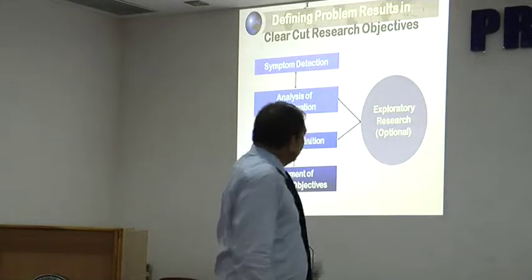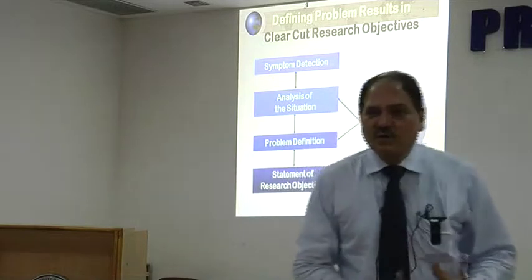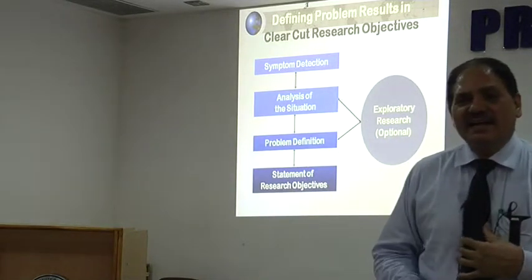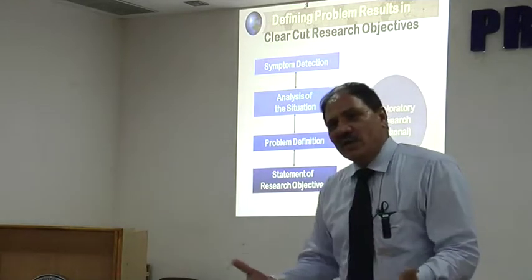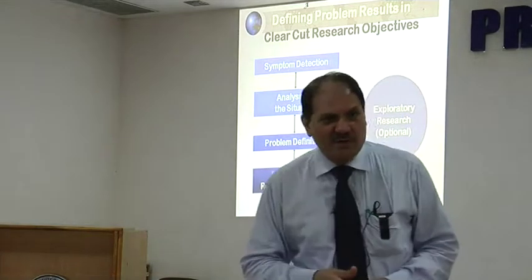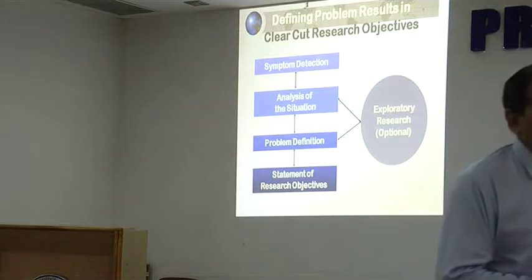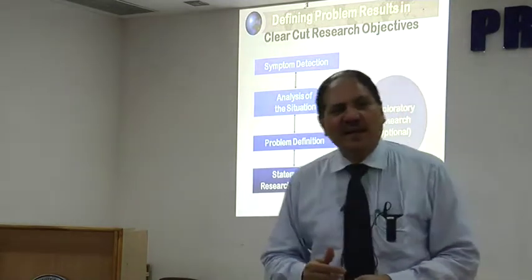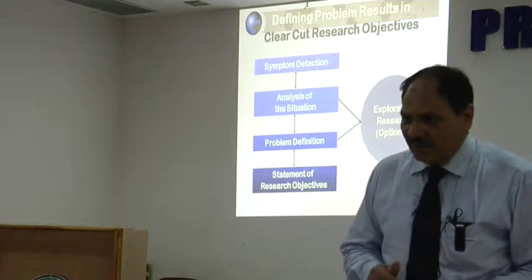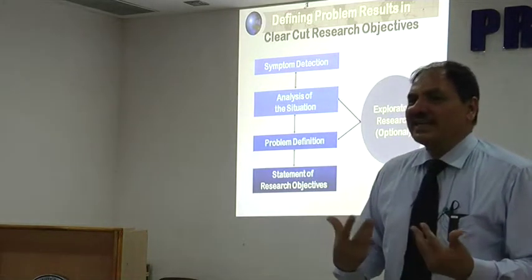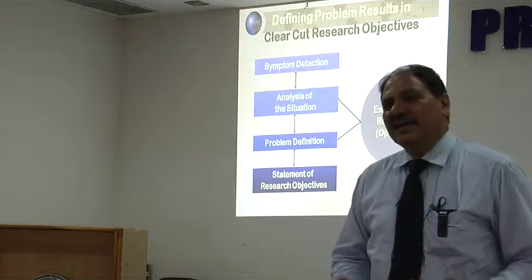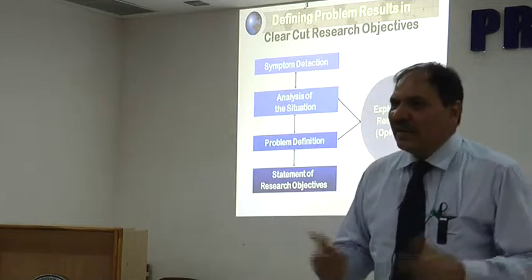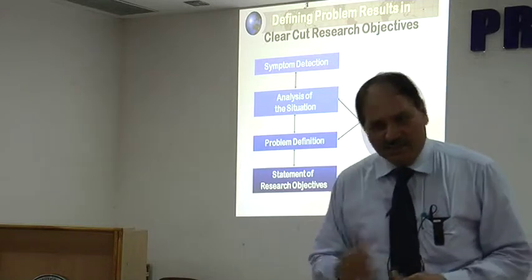Okay, you might find that you are able to detect only symptoms. Like an organization, as I said, has said that employee turnover is the problem, and we would like you to investigate. The actual reason may be that the organization is not doing well financially, and people do not see their career growing in the organization, and therefore they are leaving the organization.